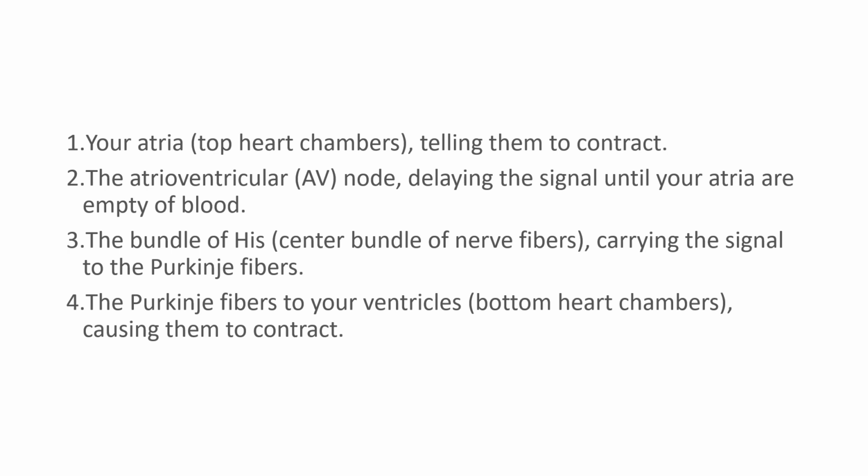So the signal starts in the top chamber from the SA node. When your atrium contracts and empties, the AV node gets the signal. Then it passes through the bundle of His into the Purkinje fibers, at the bottom of the ventricles, and tells them to contract.